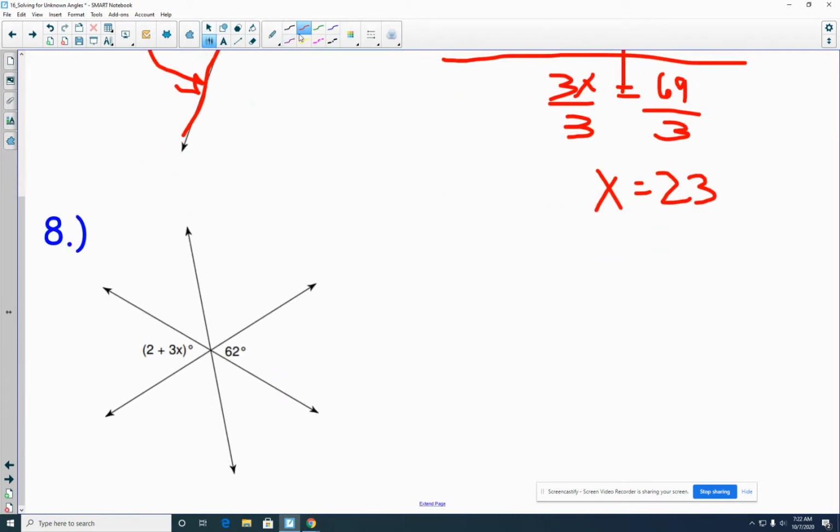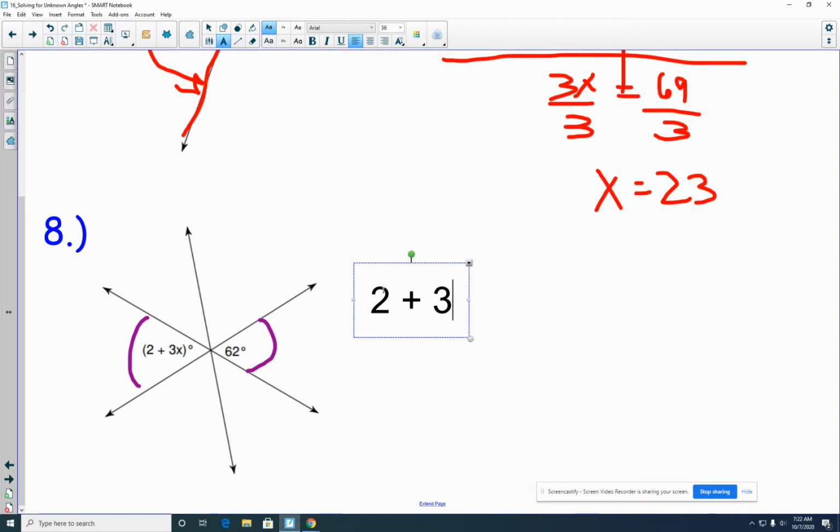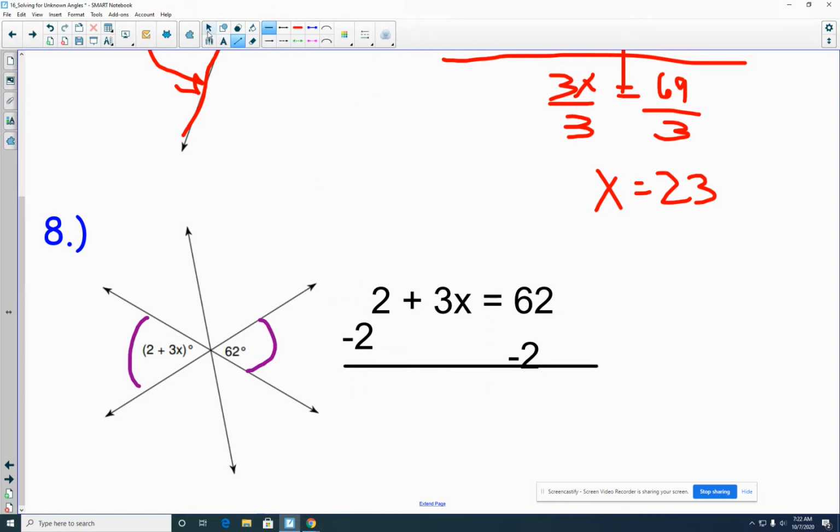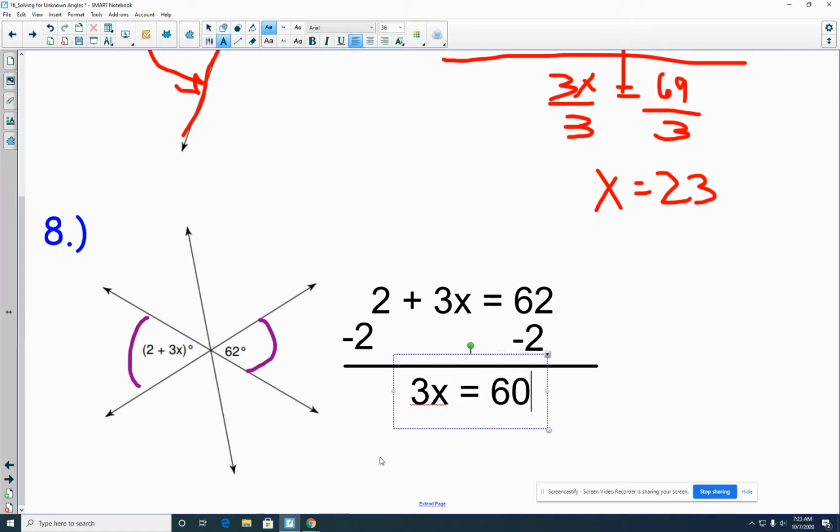For number 8, we are focusing on these angles, which I can clearly see are opposite each other and formed by two straight intersecting lines. That means that they're vertical angles, so they're equal to each other. So I know that 2 plus 3x is equal to 62. For this one, I would just subtract 2 from both sides, and then I would have that 3x equals 60, because our 2's cancel. 62 minus 2 is 60.